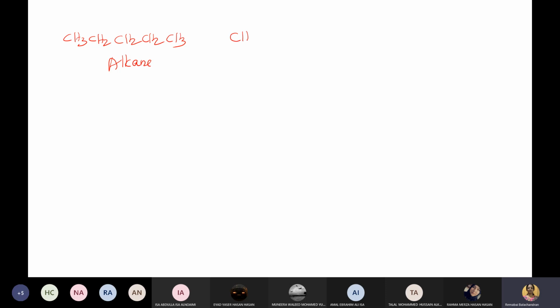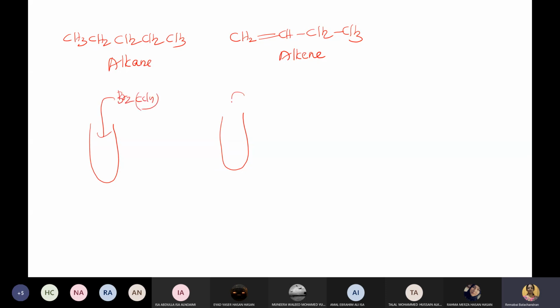This is CH2 double bond CH2, CH3. So one bottle you have this alkane, the other bottle you have alkene. You cannot see both of them. So you want to find which one is alkane, which one is alkene. So what you have to do is take alkane in one test tube, the other alkene in the other test tube. So now in both cases you add Br2 in CCl4. You understood what I meant?